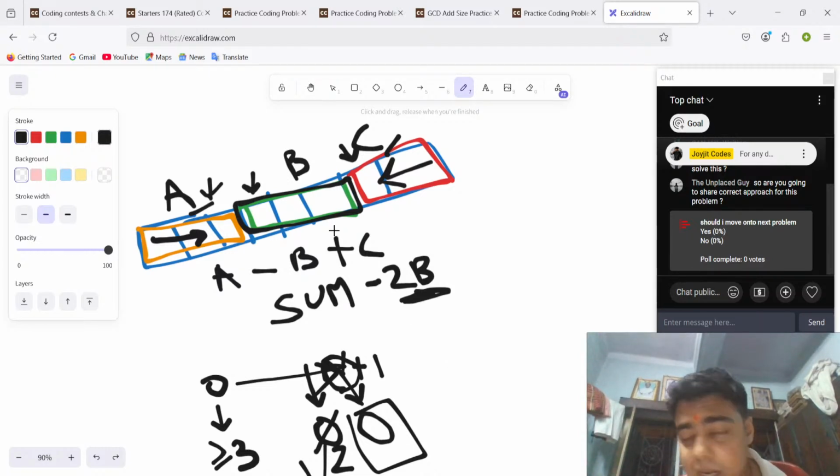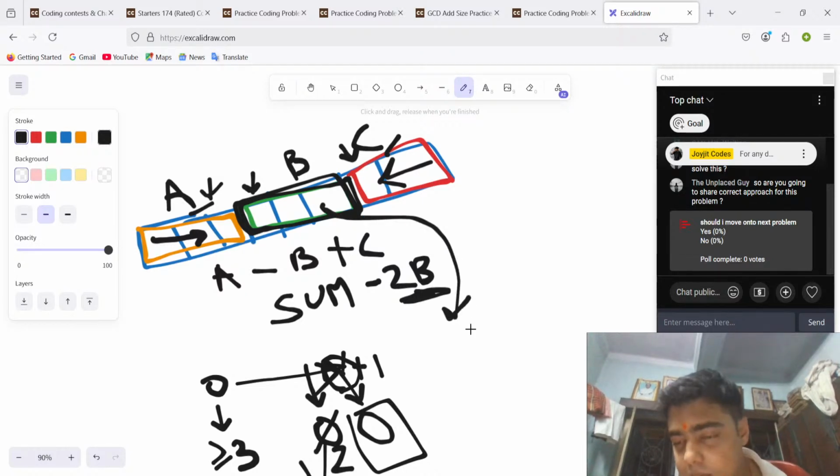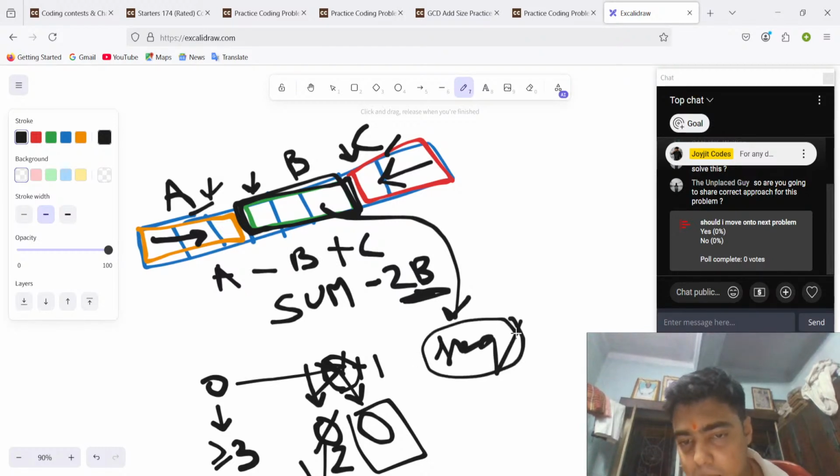But how can you find the minimum of it? Very simple. From this B, you know its max. So now what you can do is find all the frequencies of the elements into a frequency array or frequency map.